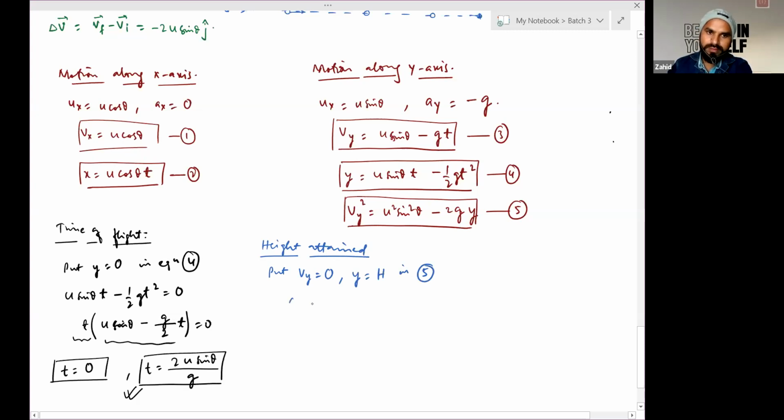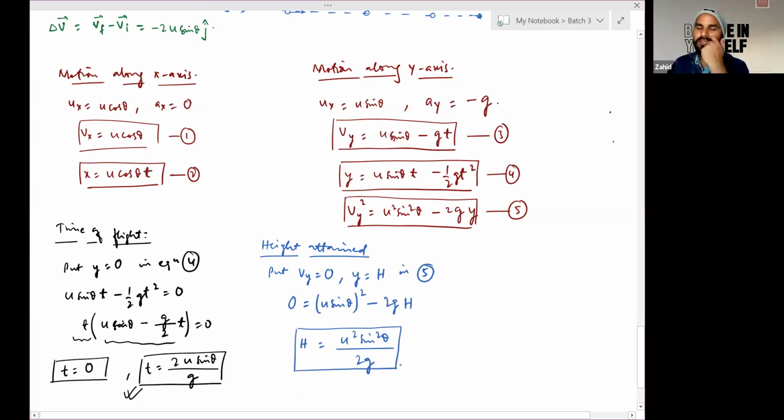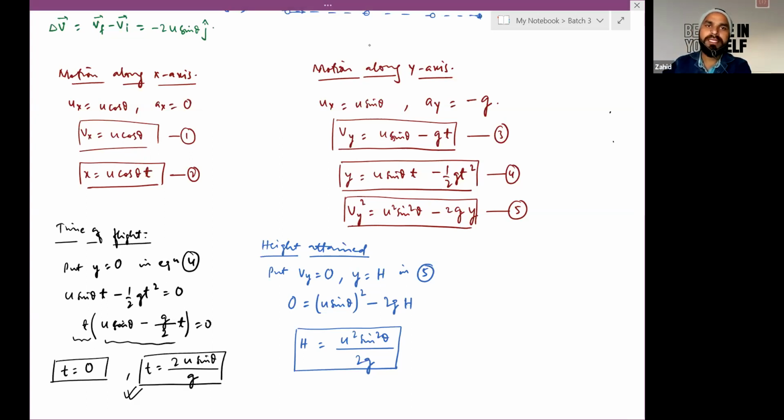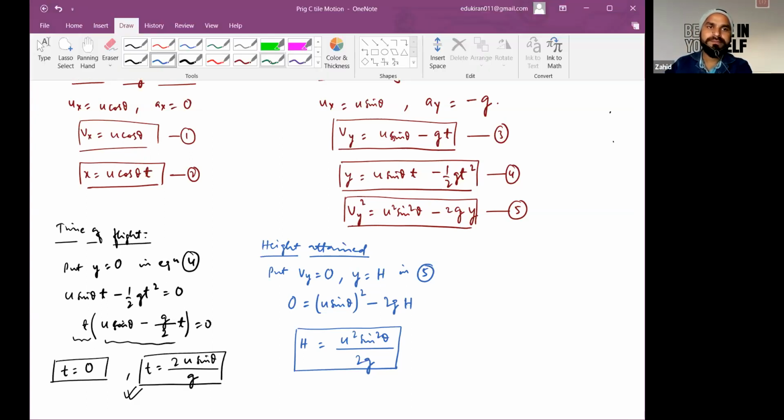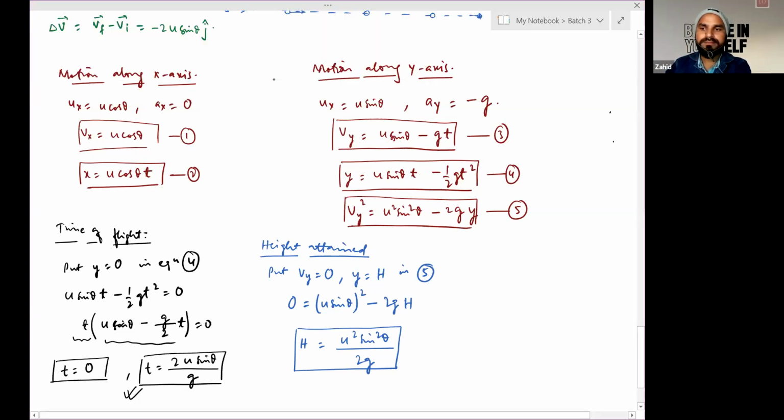You will get 0 equals u sine theta whole squared minus 2gh. On simplifying, you will get h equals u squared sine squared theta divided by 2g. So it will be the maximum height attained by this projectile. Is it clear? Yes, sir.